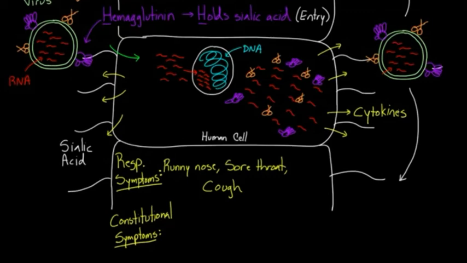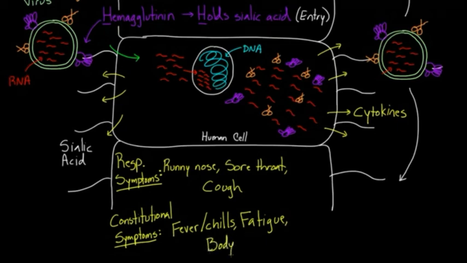So that strong immune system is going to create some of your symptoms. It's actually going to rev up your temperature, and you'll start having a fever or chills. And because all your energy is being spent on this attack, you're going to be fatigued. You're going to be fighting off the virus, and so you're going to be fatigued. You might have body aches. So a lot of these kinds of symptoms you get as a result of a strong immune response.